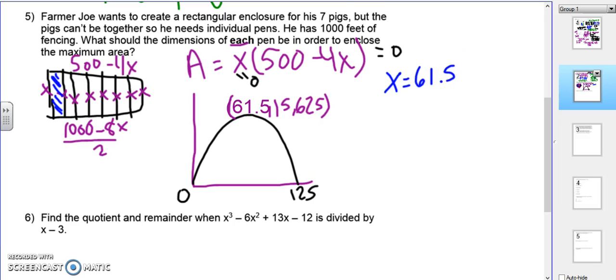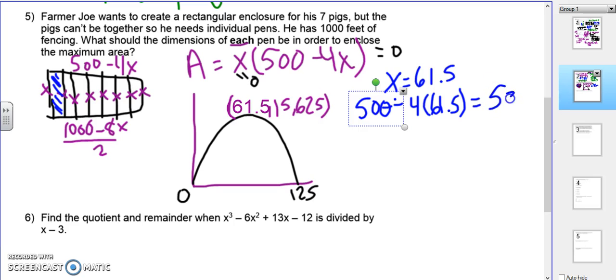And then what I want to do is find what the other side is, 500 minus 4 times 62.5. So we're going to do that. 4 times 62.5. So that whole side is 250, but how many pigs do I have? I have 7, so I have to divide that by 7.